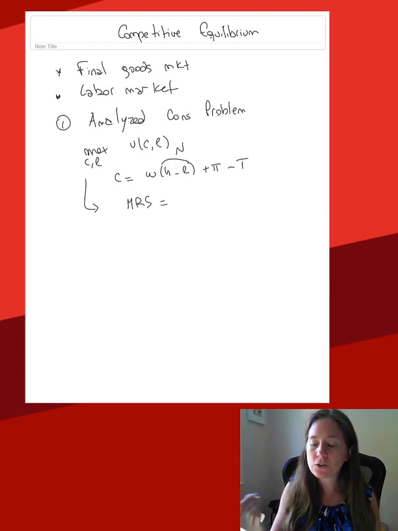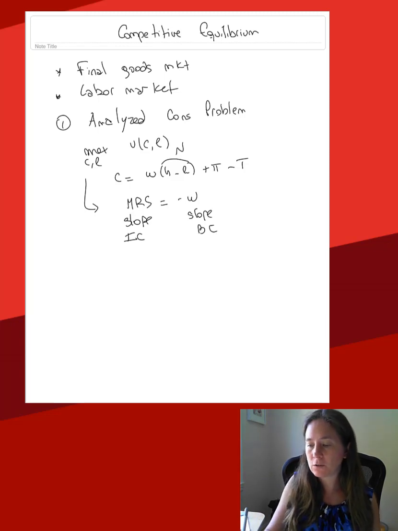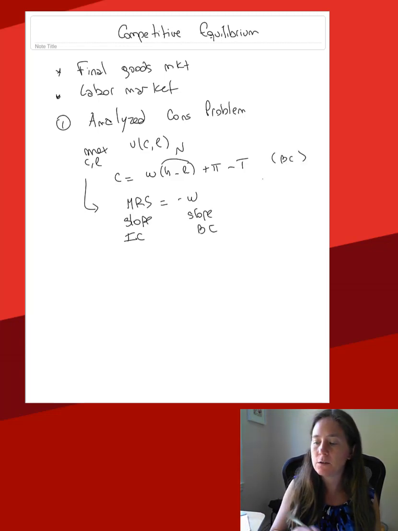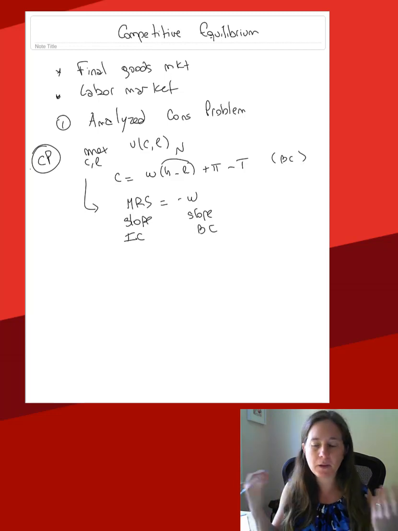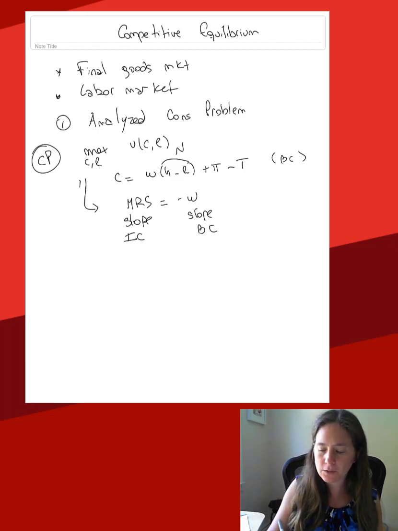The optimality condition states that the slope of the indifference curve, which we call the marginal rate of substitution, has to be equal to the slope of the budget constraint of this individual. This is the budget constraint, and this whole thing we call CP, the consumer problem.